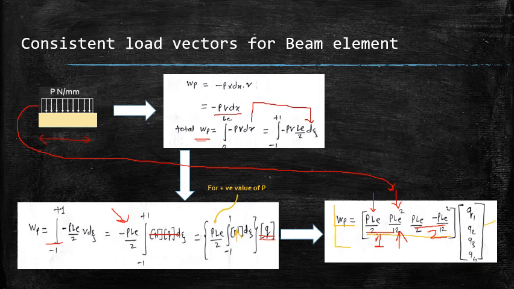Each node will be subjected to one concentrated force in newtons and one pure moment in Newton meters, or whatever be the system of units. Call it Newton meter, Newton mm, or Newton centimeter. That depends upon what system of units you are using. So I just want to say that we have broken down this UDL into nodal forces, which are comprised of force and moments.